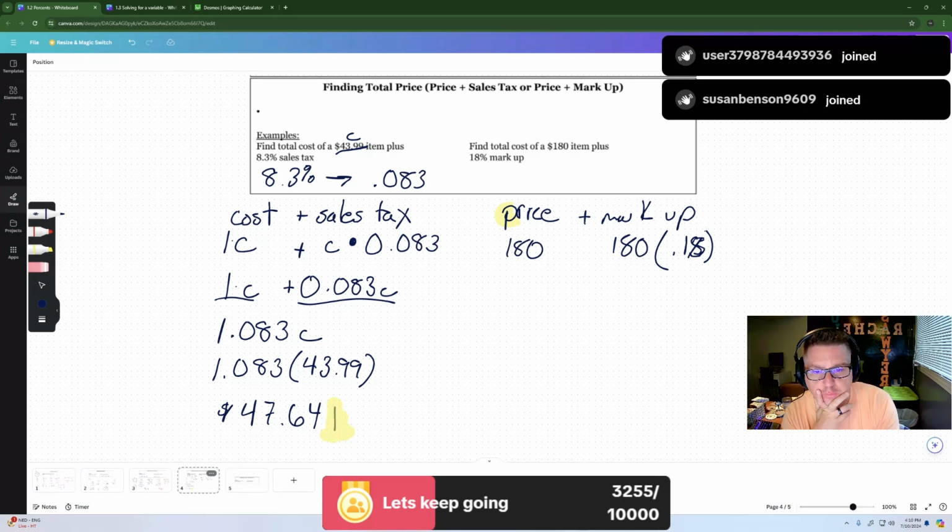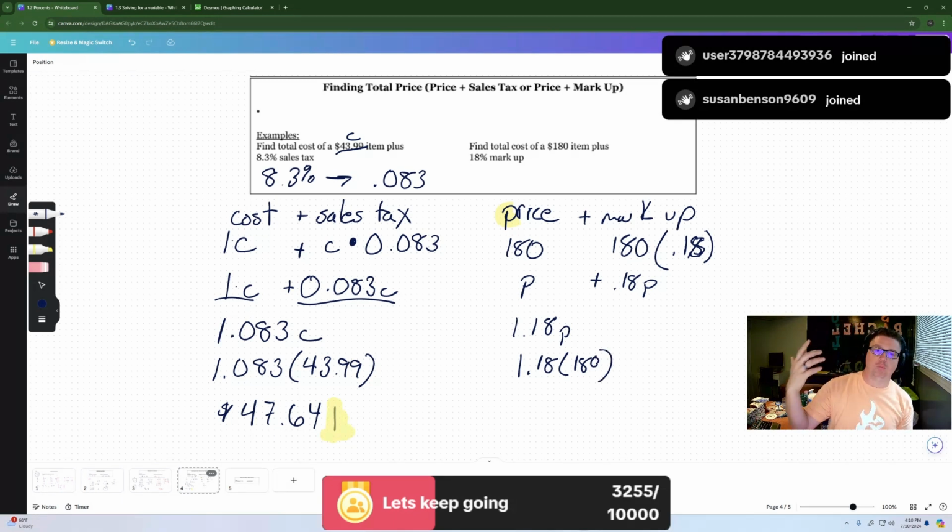So if we thought about it as P, the price, and our 18% markup price, we could get away with 1.18 P, and the price we already said was $180. So we could do this all in one fell swoop, or we could do it in one step just by taking our 180 and timesing it by 1.18.